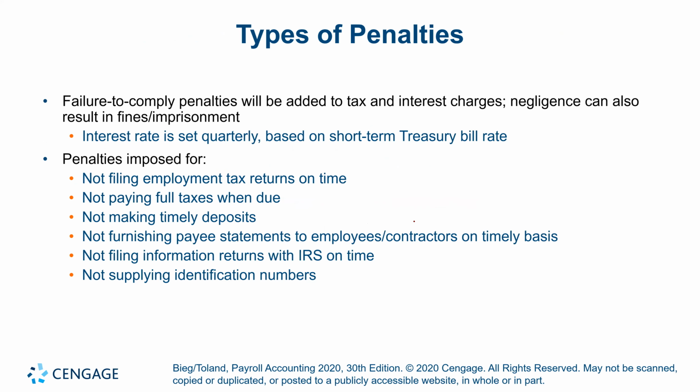So, okay, types of penalties. We talked about some of these earlier on in the PowerPoint when we talked about failure to comply. So some of the failure to comply penalties would be, for example, not filing employment tax returns on time, not paying full taxes when due, not making timely deposits, not furnishing pay statements to employees or contractors on a timely basis, not filing information returns with the IRS on time, not supplying appropriate identification numbers.